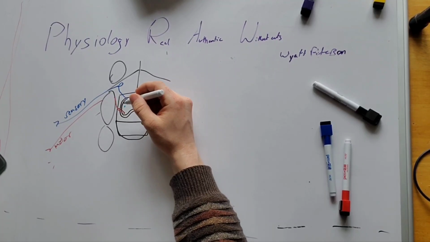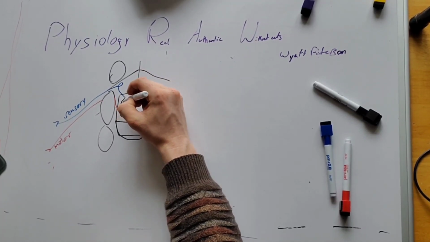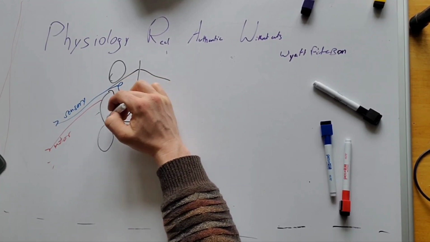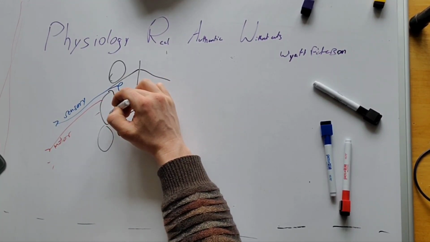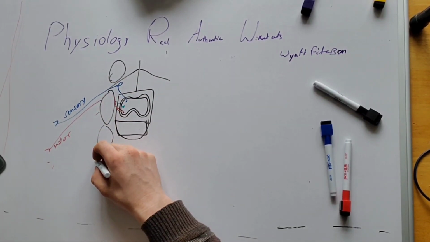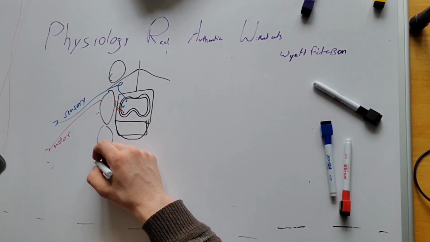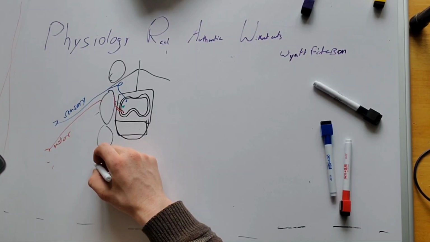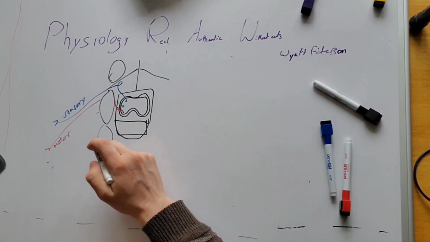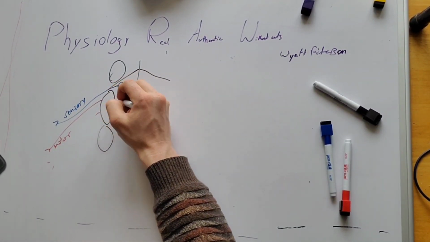Autonomic nervous system. Coming out of the lateral root, it goes into this sympathetic nerve path, sympathetic nerve ganglion. I think it's sympathetic nerve ganglion.